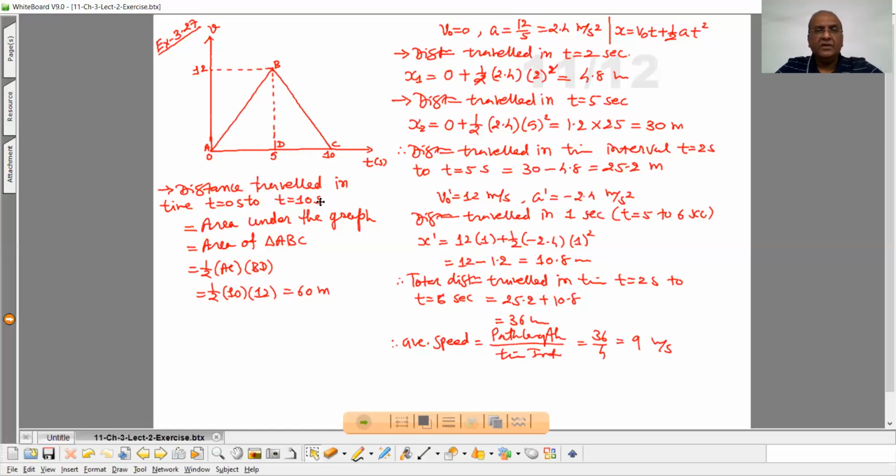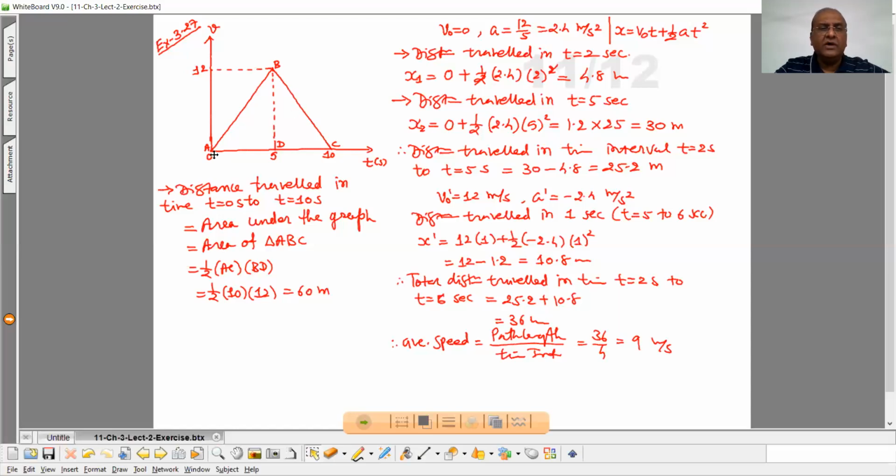But now to find out the distance traveled in 2 to 5 seconds, sorry, 2 to 6 seconds, we have to calculate in two parts. Why? Because at 5 seconds, which is between this time interval of 2 to 6 seconds, the motion is changed. Clear? Up to B, meaning up to 5 seconds, the velocity increases, and after that the velocity decreases.